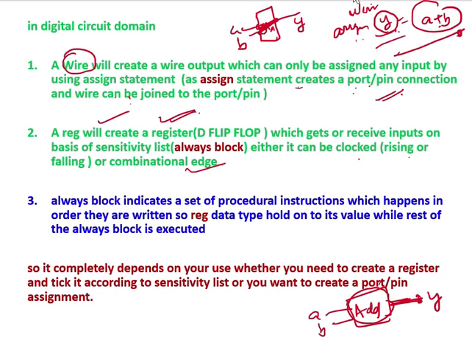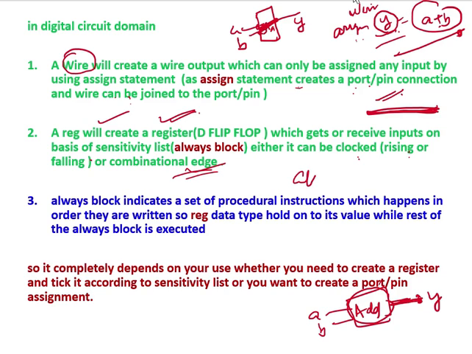So a wire is a physical path, a simple connection between two modules or two signals, and reg is like a register, which can be clocked on a rising edge or falling edge, or sometimes combinational.